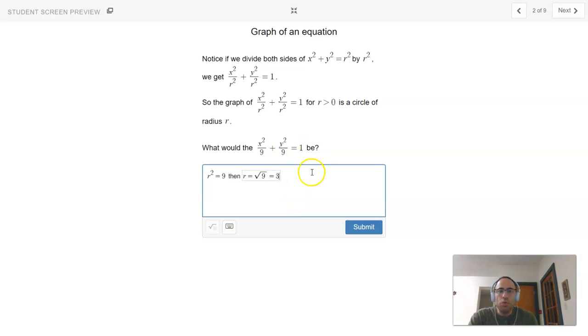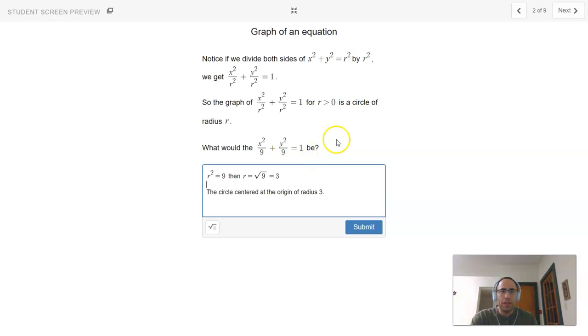So this would be the circle centered at the origin of radius 3. Okay, so that's what this here would be the graph of. The circle centered at the origin of radius 3.